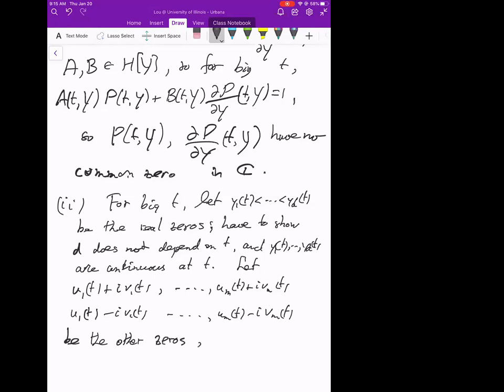Now here, of course, d plus 2m is exactly the degree of the polynomial p(t,y). So y1 up to yd plus these 2m are exactly all the distinct zeros.